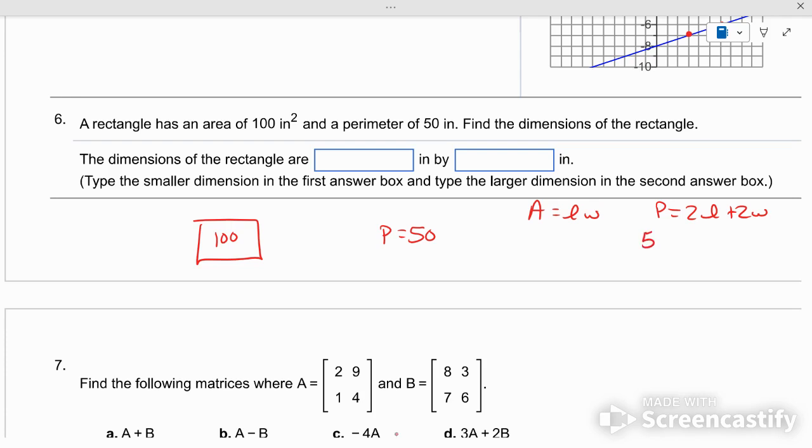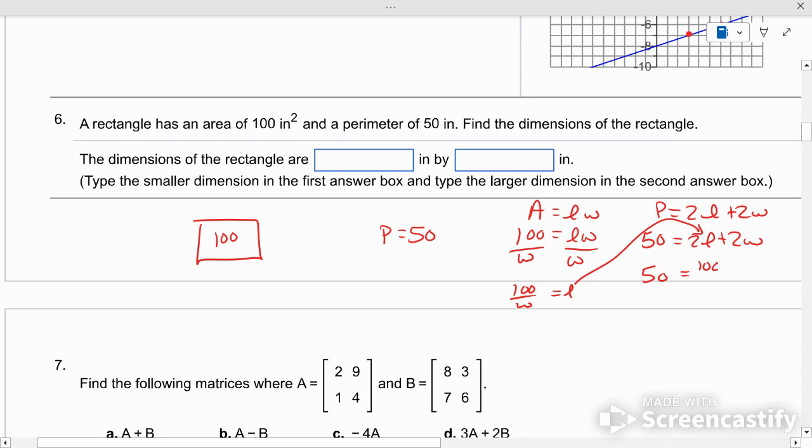So if I know this is 50, and this is 100, if I want to get L alone, I just divide both sides by W. So then L equals 100 over W, and I substitute it in for the L. So 50 plus 150 equals 100 over W plus 2W.